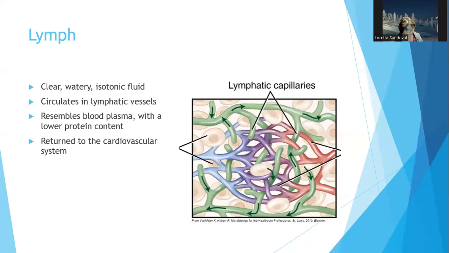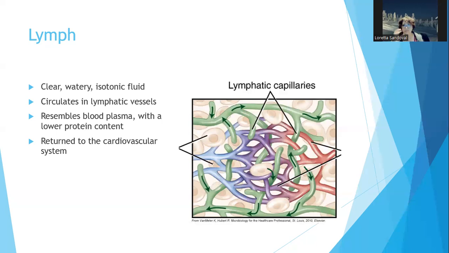The lymphatic capillaries have blind ends. They terminate in the tissues around the capillary beds, and the excess interstitial fluid flows in as pressure builds up in the tissues. So it's different from the blood system in that respect.